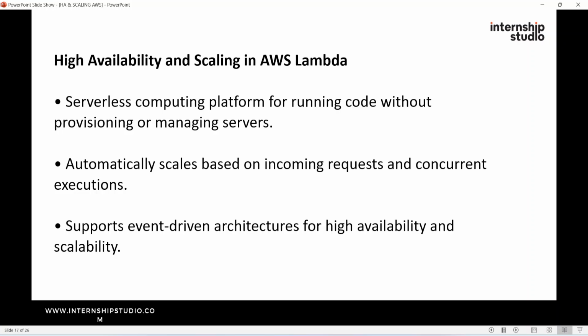It automatically scales based on incoming requests and concurrent executions. Incoming requests in Lambda refer to events or triggers that initiate the execution of a Lambda function. These events can come from various AWS services or external sources such as API Gateway, S3, DynamoDB, or any other AWS service.